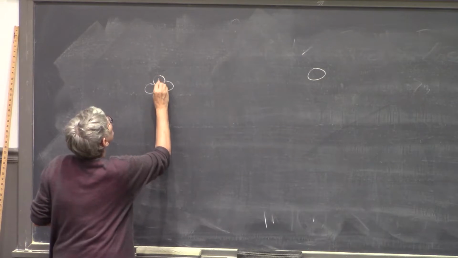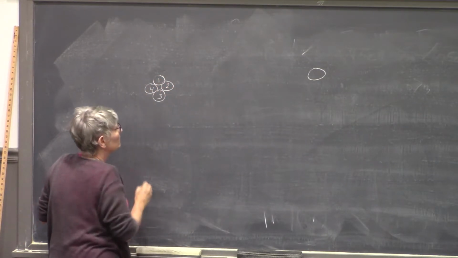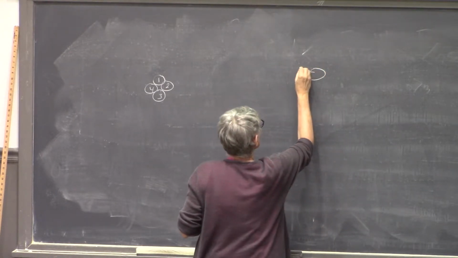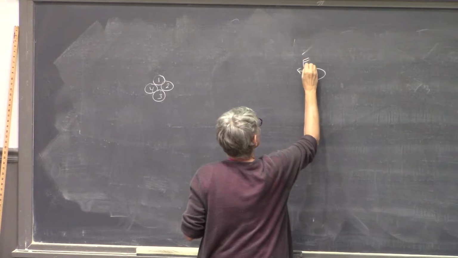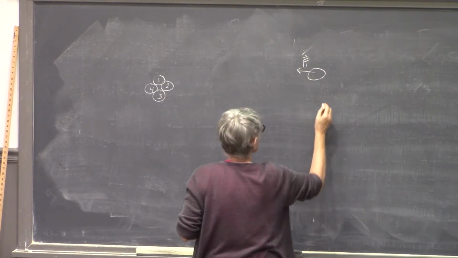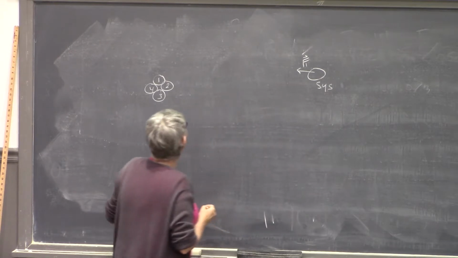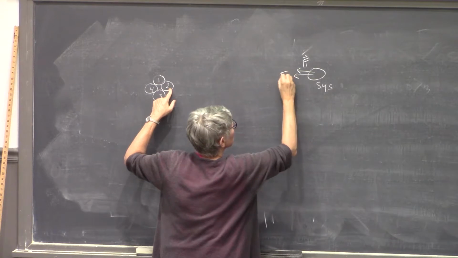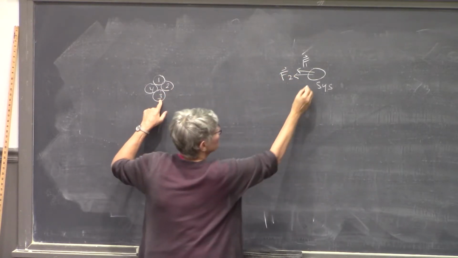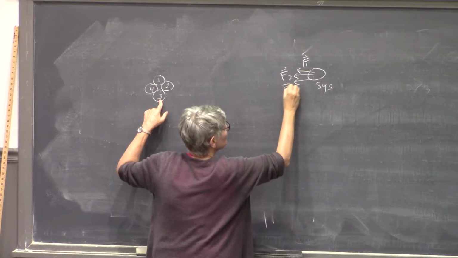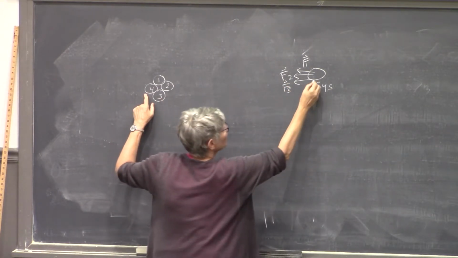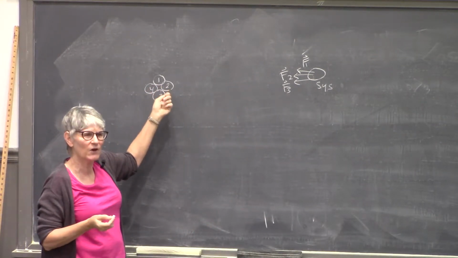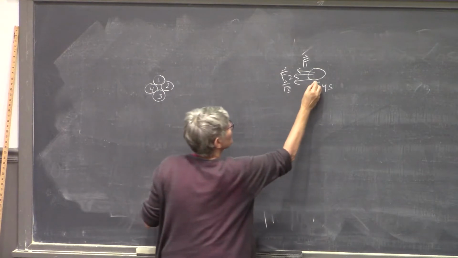So we'll call these atoms 1, 2, 3, and 4. So atom 1 exerts a force on our system here. And atom 2 also exerts a force on this system. And atom 3 exerts a force on this system. And atom 4 exerts a force on this system. And since they're very close to the same location, the forces are pretty much going to be equal.